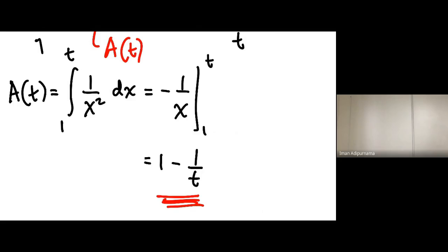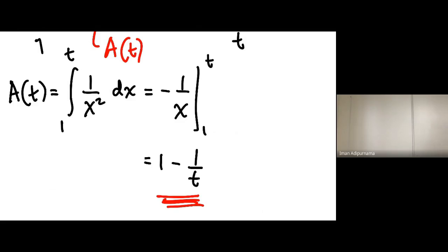If you have like maybe 10, it will be 9 over 10, right? So the maximum possible number for area is 1. Or if you consider some t, maybe 1.1, really close to 1, the answer is almost 1, at least the maximum possible answers.